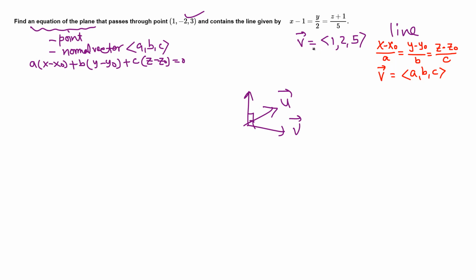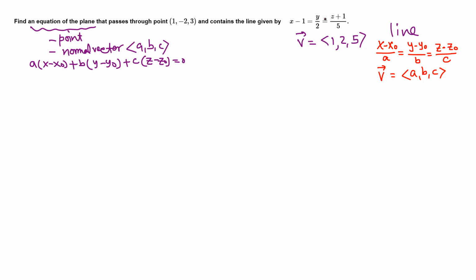We have one vector v, 1, 2, 5, just the direction vector. Now we need to find another vector on the plane. We have a point. If we have another point on the line, then we can find a vector.